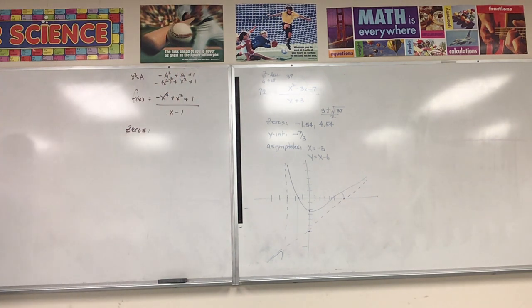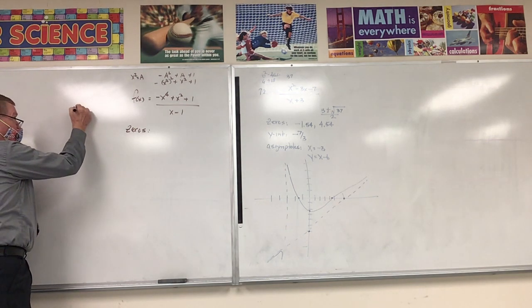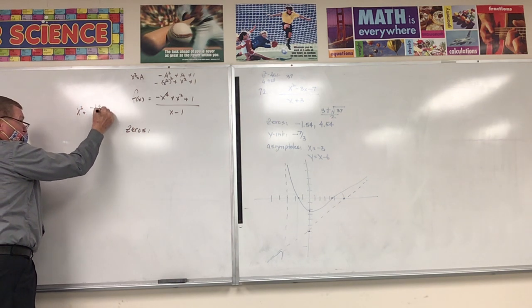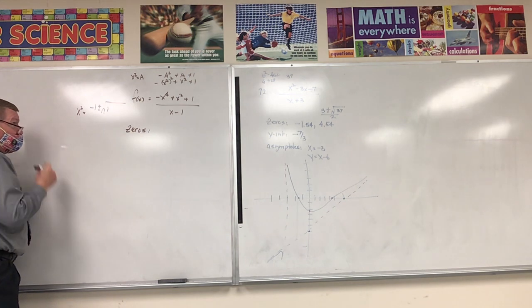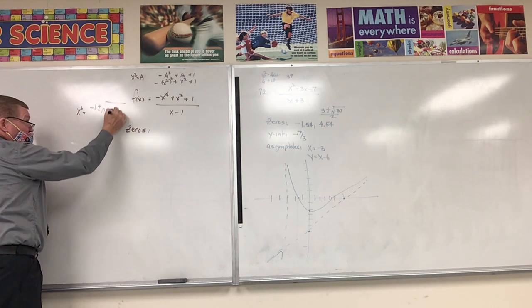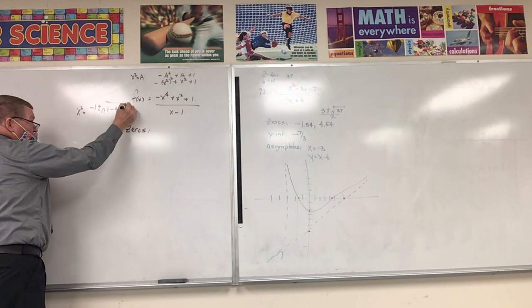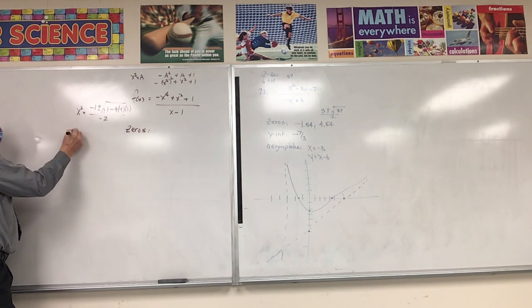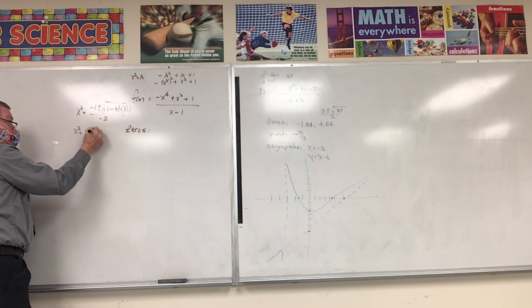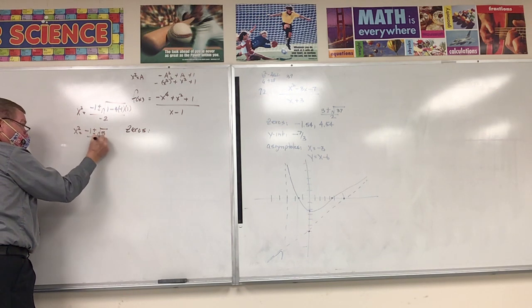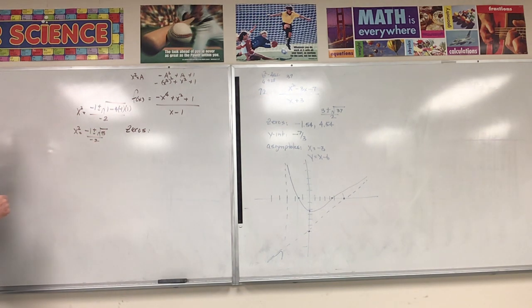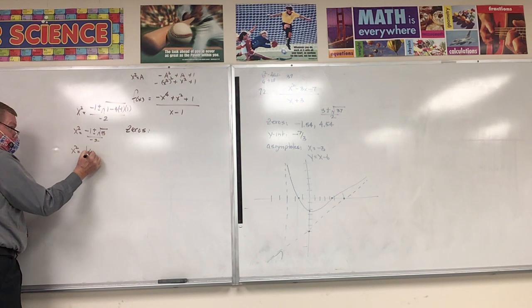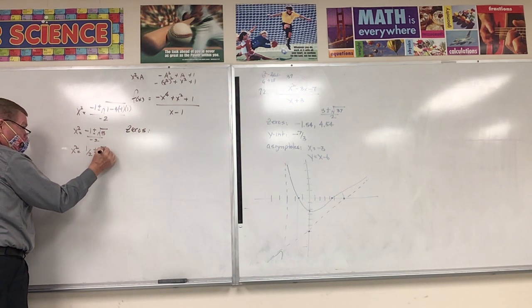So there's our quadratic formula. So x squared equals negative 1 plus or minus square root of 5 over negative 2. We can change that to be x squared equals 1/2 plus or minus square root of 5 over 2.